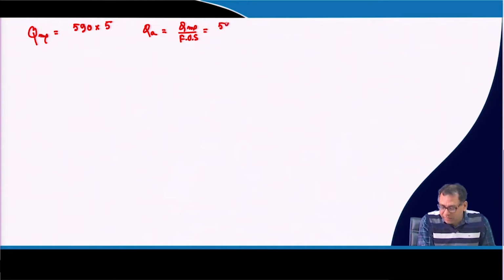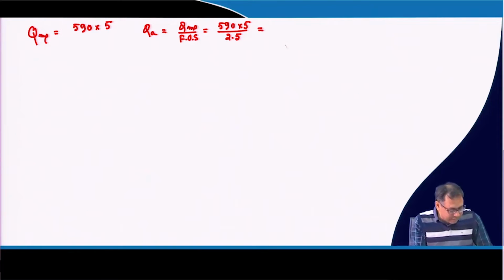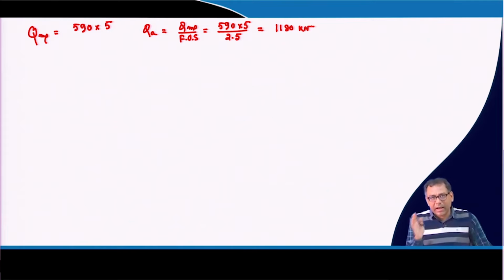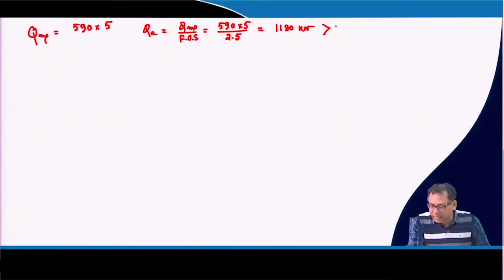So, this is 590 into 5 divided by 2.5. So, Q allowable is 1180. So, that means we can allow a horizontal force of 1180, but we have applied 100 kilonewton.